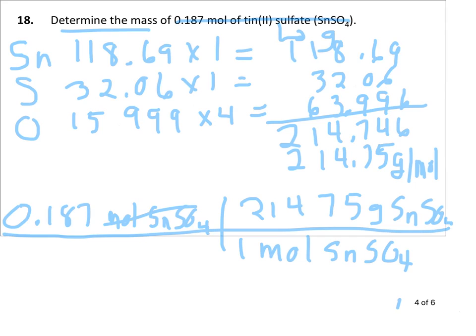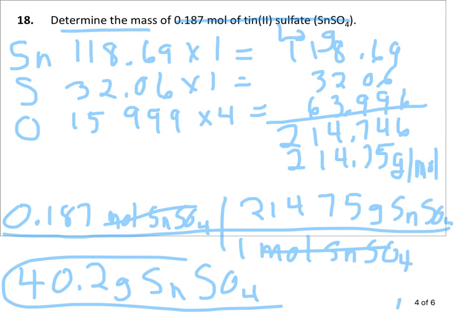Multiply those numbers, moles divide out. And we're left with, and it looks like we get 3 sig figs, 40.2 grams of tin sulfate in the 0.187 moles.